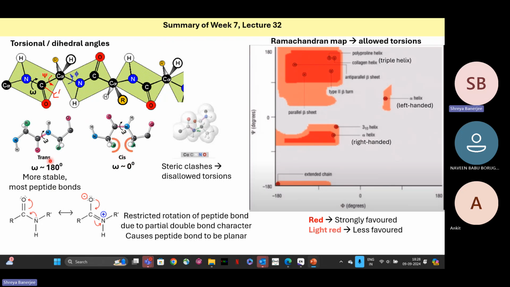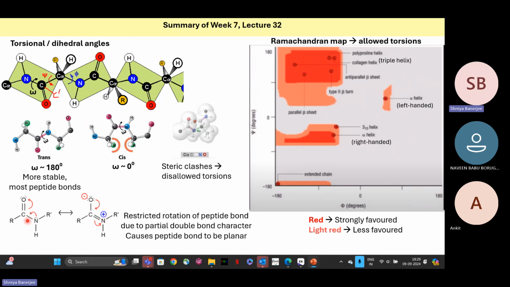Now, why can't 180 and 0 just naturally convert into each other? That cannot happen because of resonance. So in the amide N, there is a lone pair, and the lone pair can delocalize into the carbonyl C double bond O. So this is one resonance structure where you have the lone pair donated into the carbonyl. So the carbonyl has O minus and this NH has a plus.